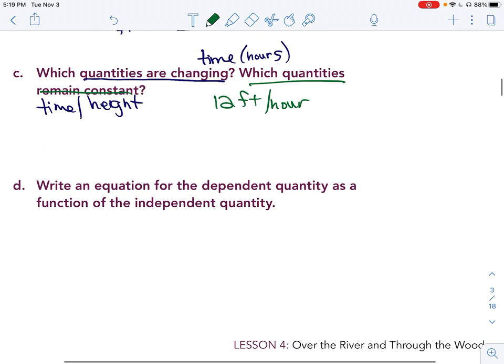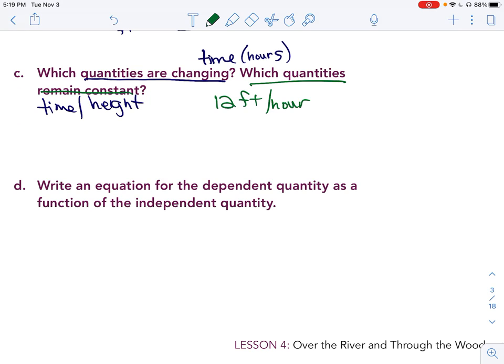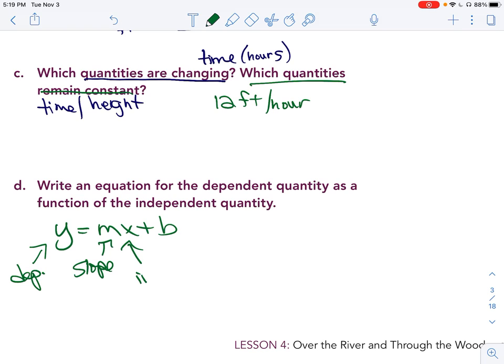Okay, so we're going to write an equation. So in the past, we've done y equals mx plus b, where this is my dependent variable, this is my slope, this is my independent, and then this is my y-intercept.